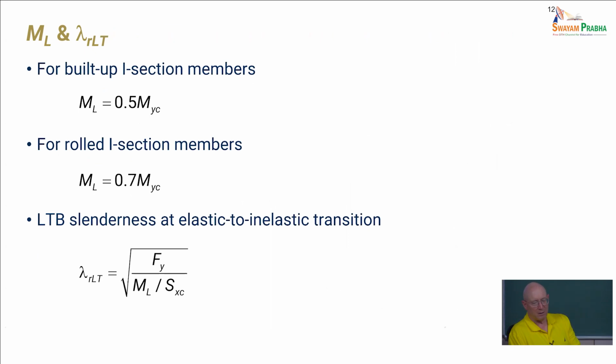That inelastic to elastic lateral torsional buckling transition is tied to the slenderness lambda RLT, and it's tied to the moment ML. And so ML is simply the elastic lateral torsional buckling moment at this particular LTB slenderness.